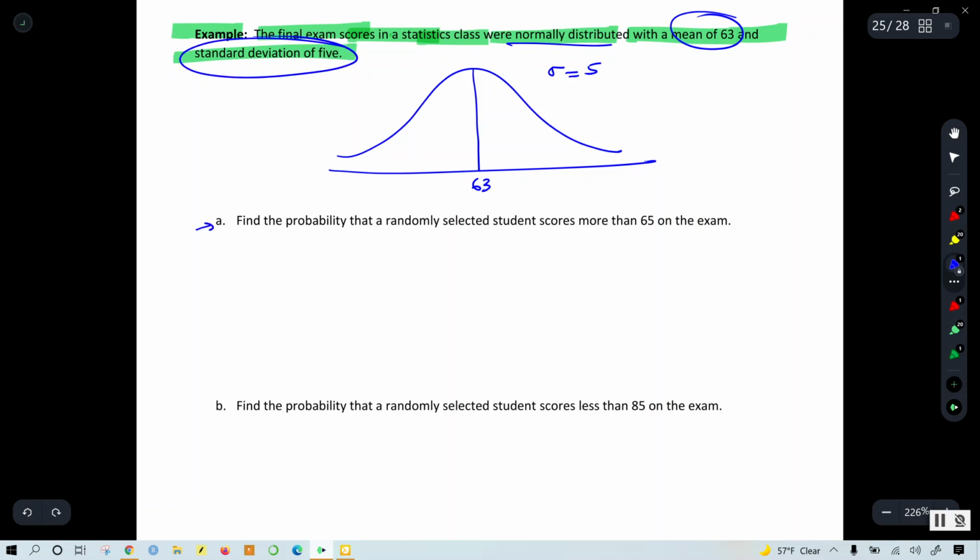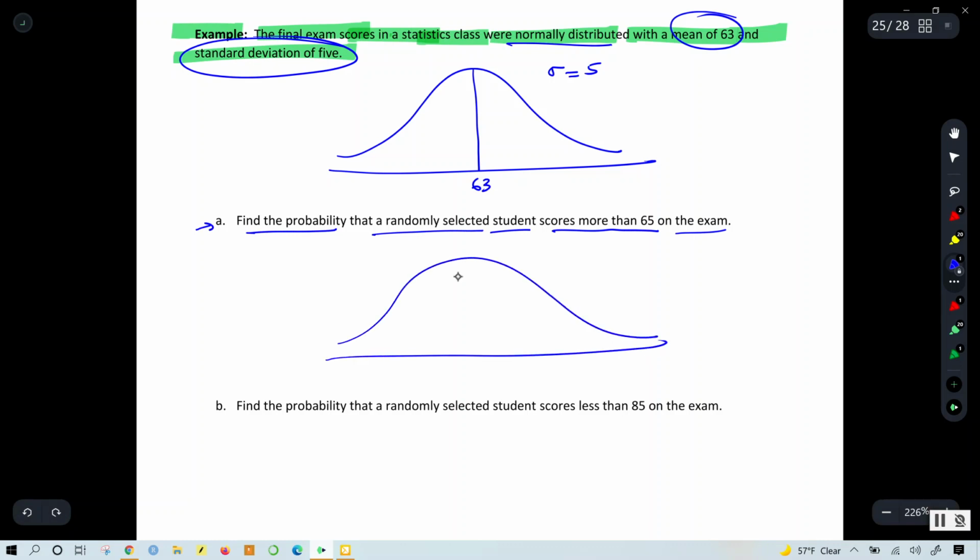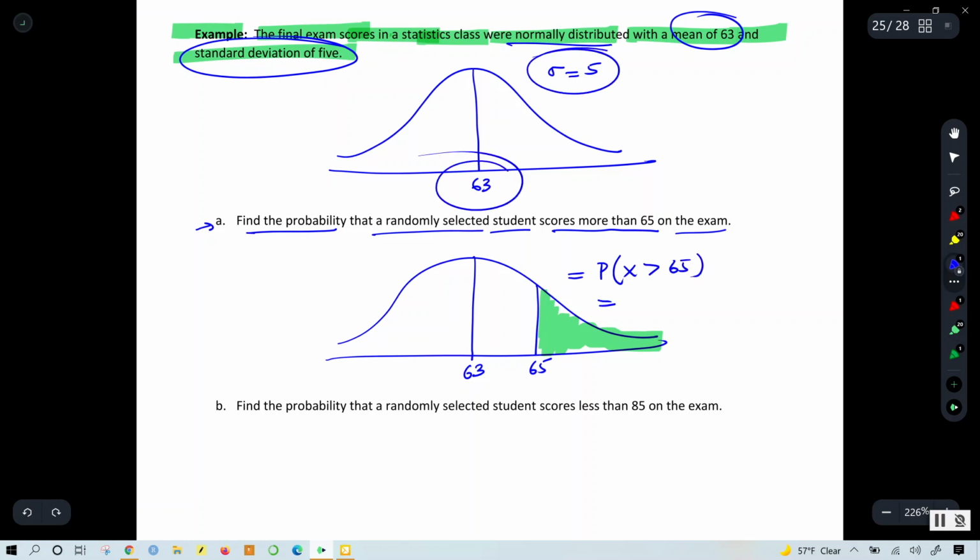We are to use this information to find the probability that a randomly selected student scores more than 65 on the exam. So, sketching, I have 63. I'm going to locate the number 65, and I want the probability of more than 65. So, in this case, we want the probability of x more than 65 with the given parameters.